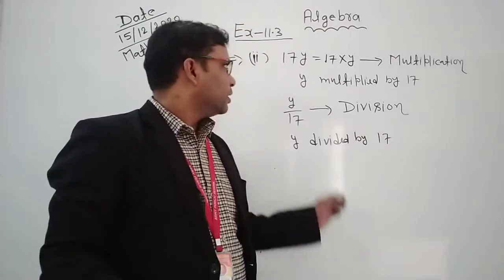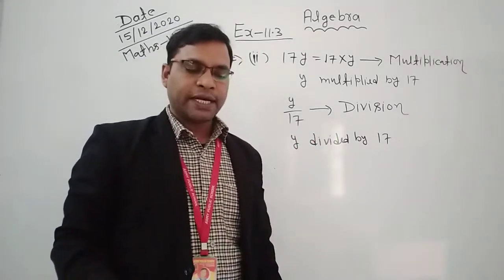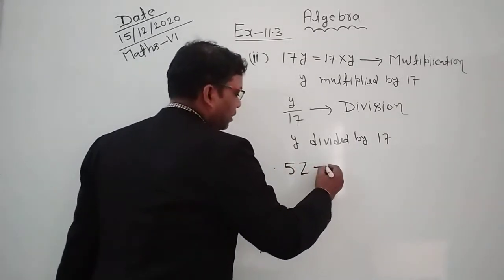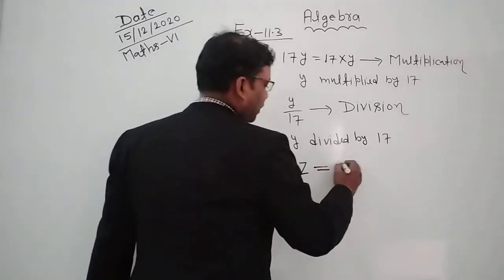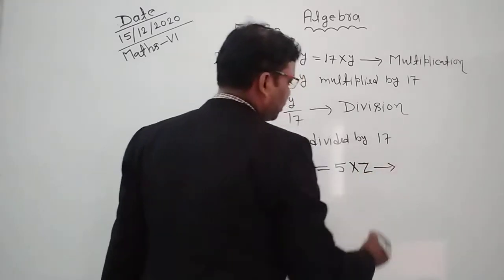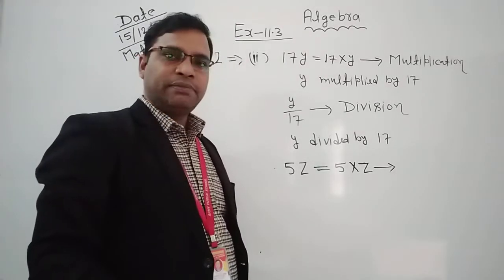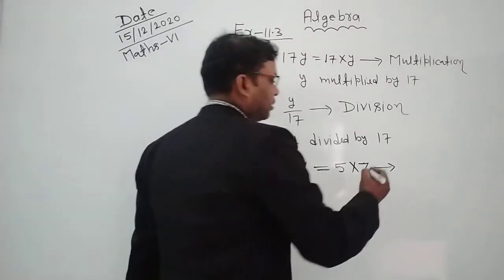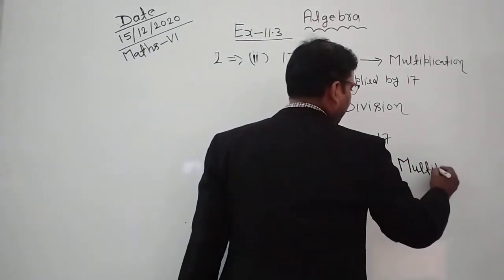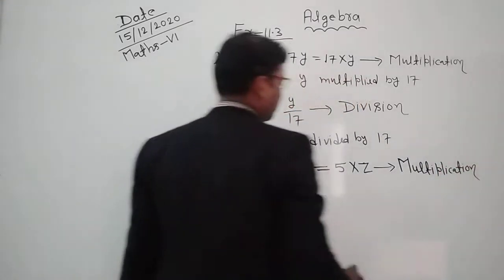Now the next part of the second question is 5z. You can also write it as 5 into z. So which operation is used here? Obviously you can say multiplication operation is used. So you write here: multiplication operation is used here.